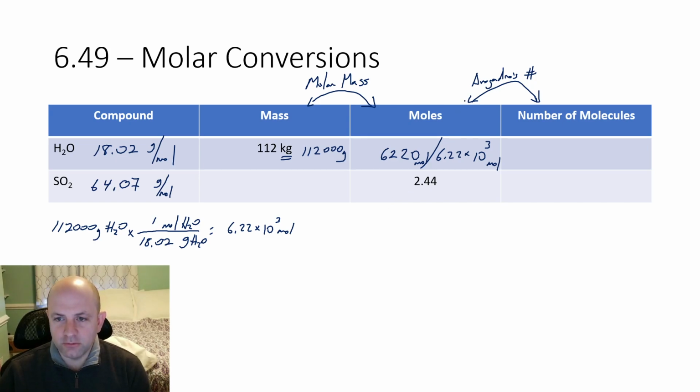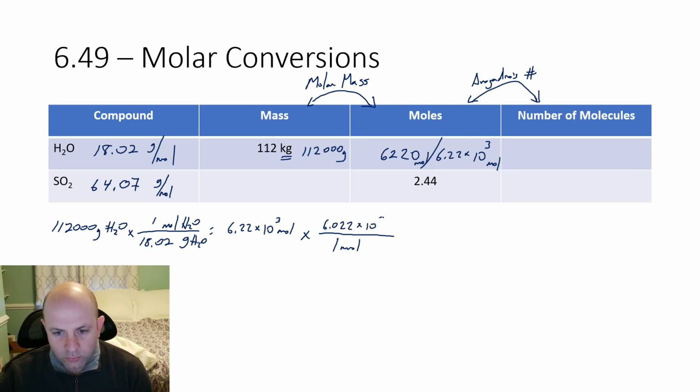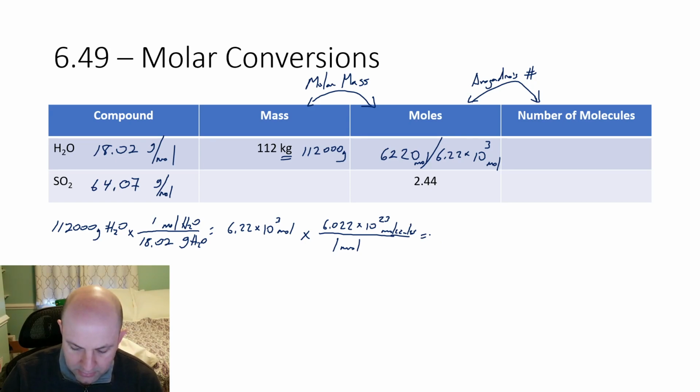Now for number of molecules, we'll use Avogadro's number. So I'm just going to leave that right in there and say, okay, in 1 mole of water, or any substance, it's 6.022 times 10 to the 23rd molecules. And so we'll take that number and multiply by 6.022 and all that. Let's see. I'm not using a scientific calculator, which is a problem.